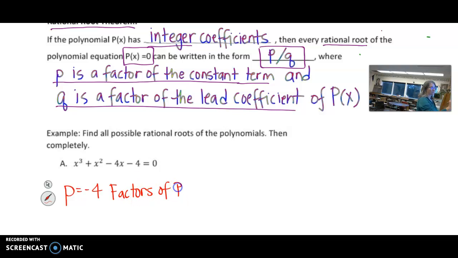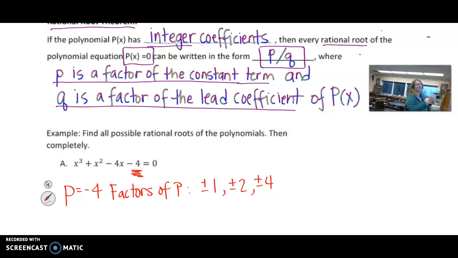Again, p comes from the constant term, which, if it's in descending order, will be the last term, and it will be a term that has no variable. Hence the name constant, because it doesn't vary. Factors of p include plus or minus 1, plus or minus 2, plus or minus 4.